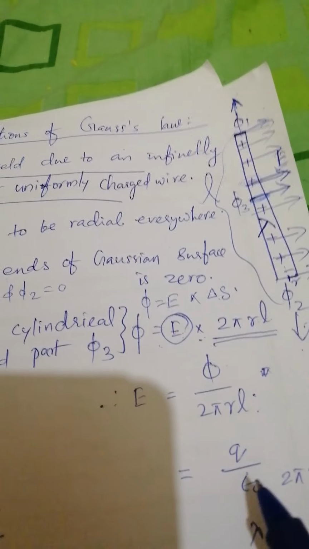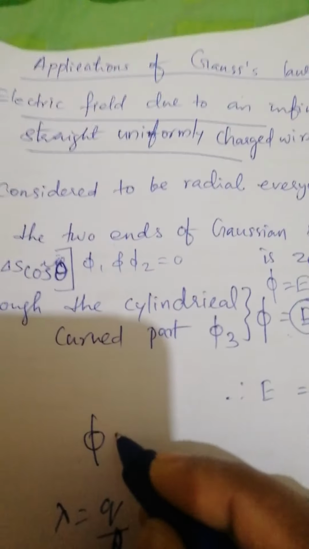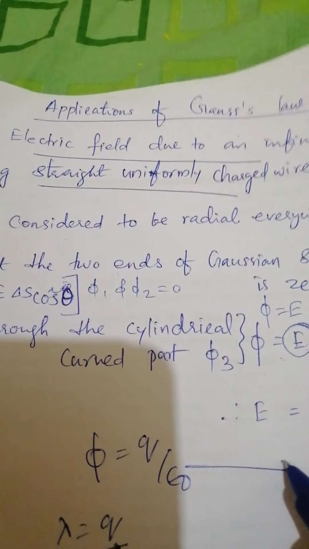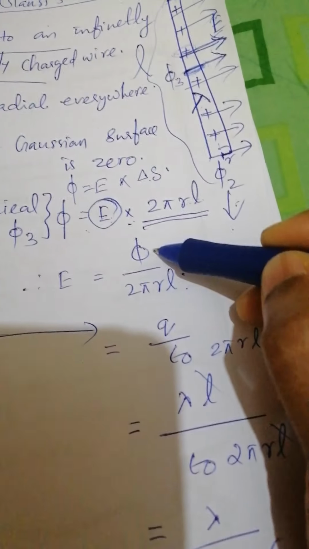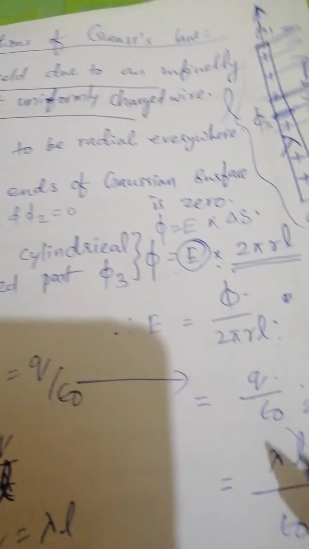By Gauss's law, we know that electric flux phi is equal to q by epsilon 0. Just put this value of phi in this equation, so we get q by epsilon 0 over 2 pi RL, and instead of Q we are going to put lambda. How?